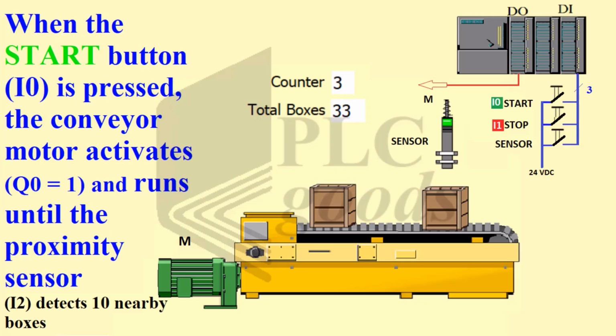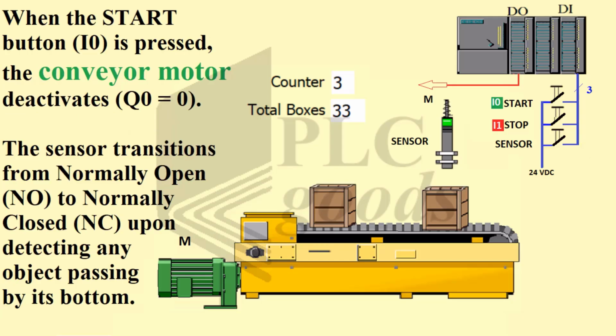When the start button is pressed, the conveyor motor activates and runs until the proximity sensor detects 10 nearby boxes. Then the conveyor motor deactivates.